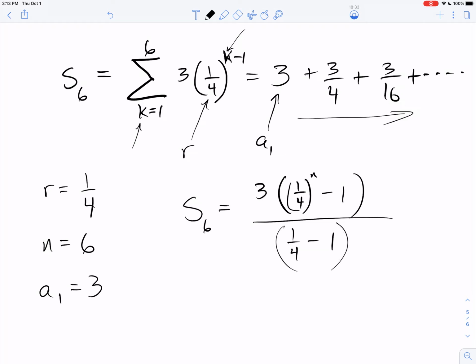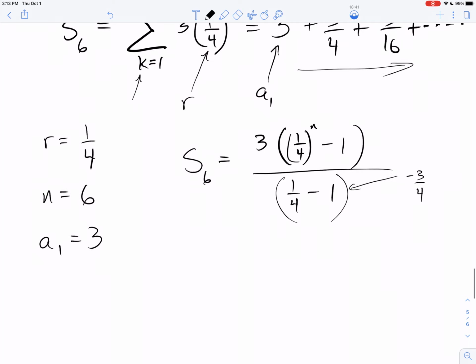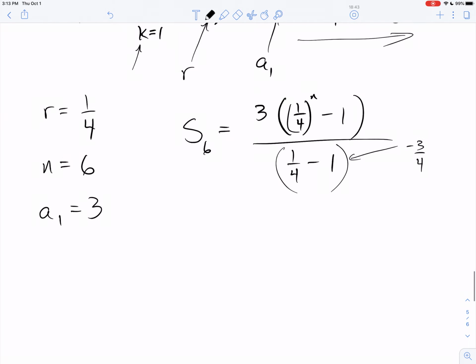Clean this chunk of junk up first. 1/4 take away 1. That guy's negative 3/4. That's what he is. So let's work down again. I'd say 3 times 1/4 to the 6th. Oh, sorry, that should have been a 6. To the 6th minus 1 all over negative 3/4.